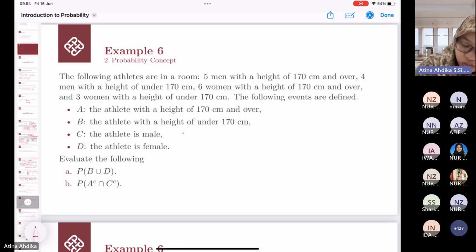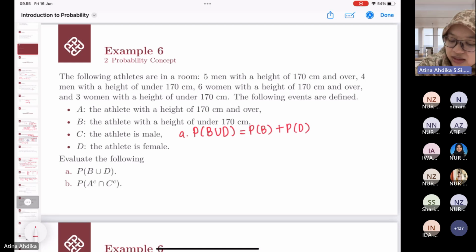So for the first question, the probability of the union between B and D, we can calculate it by summing the probability of B plus the probability of D minus the probability of the intersection between B and D. So again, we have to calculate each of these.